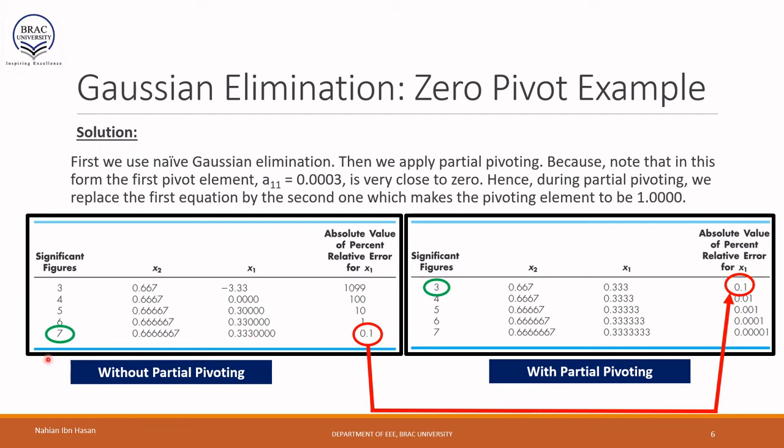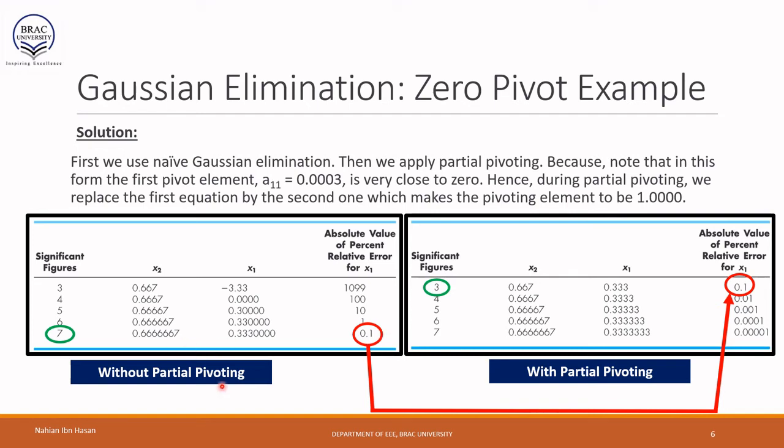If we consider 7 significant digits in all of the steps and use it without partial pivoting, we will get a very good result with a 0.1% error. But whenever we use partial pivoting with just 3 significant digits, we get a result with the same error as without partial pivoting.